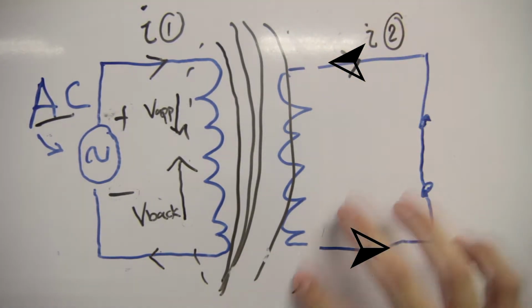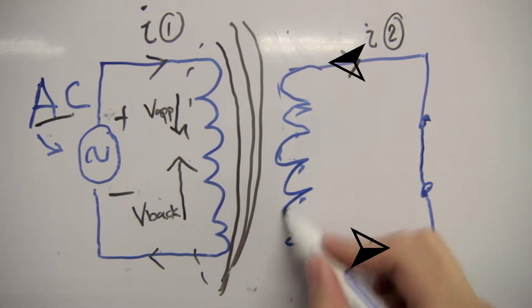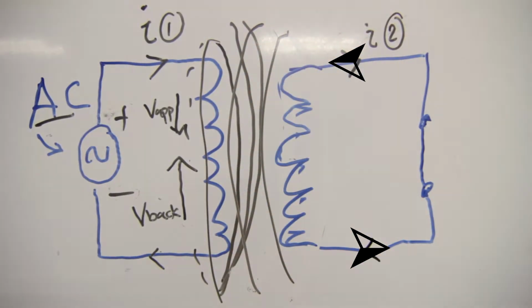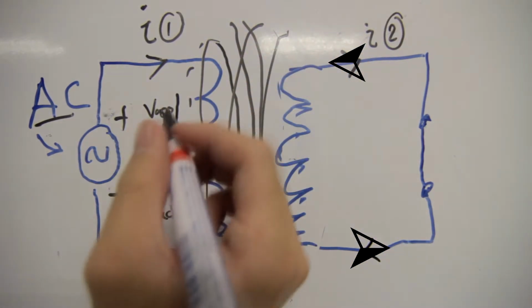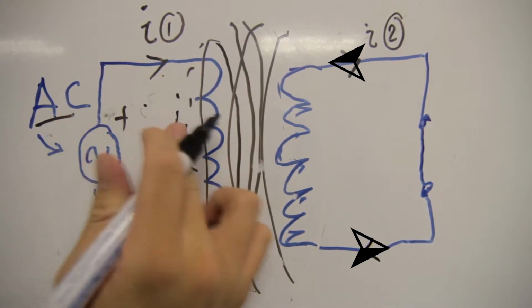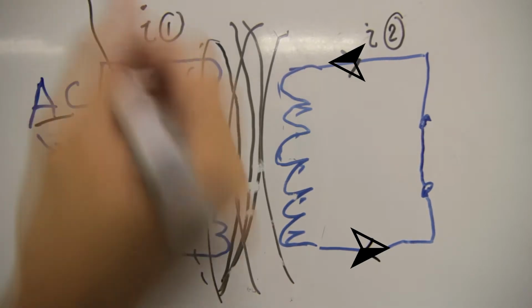And because there's current now in circuit 2, there will be magnetic flux from the secondary coil, and it will go through the primary coil. And therefore there will be induced EMF in the primary circuit. And the direction of this EMF is actually opposite of the direction of current in circuit 2, which is the same direction as the V app.